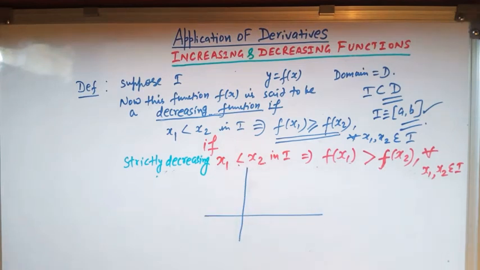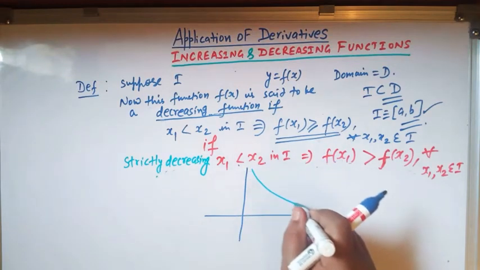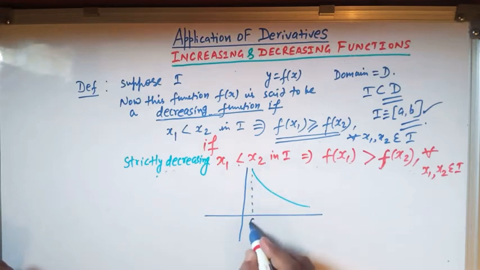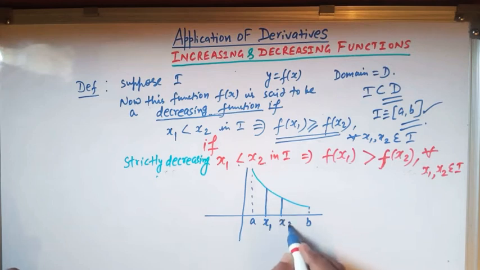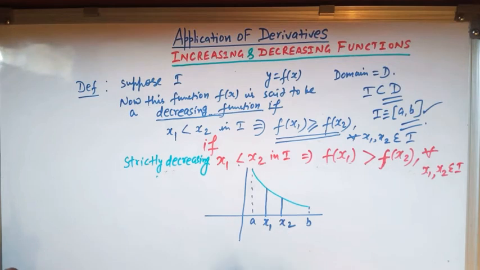Here we have the graph of the function like this. Now this is the point A, and here we have point B, and let us take 2 points here, say this is x1 and this is x2. So obviously x2 is greater than x1 here.